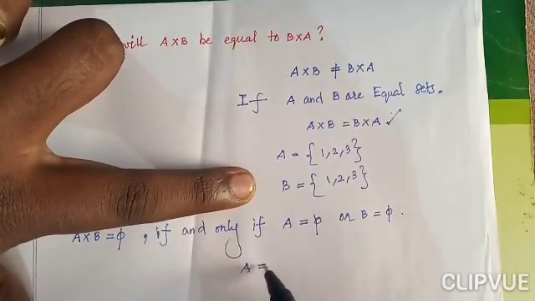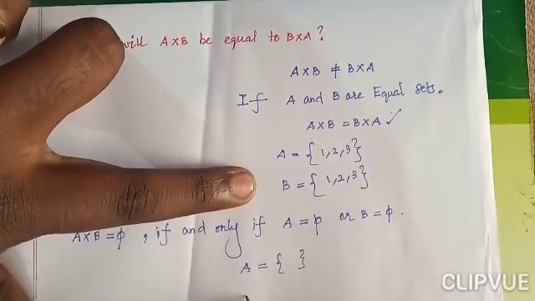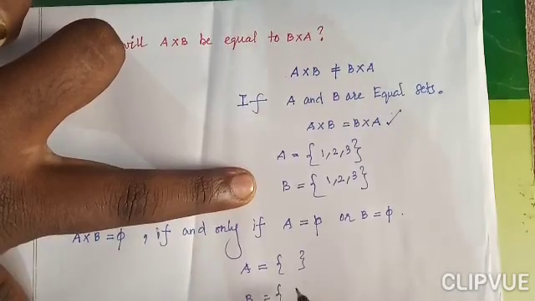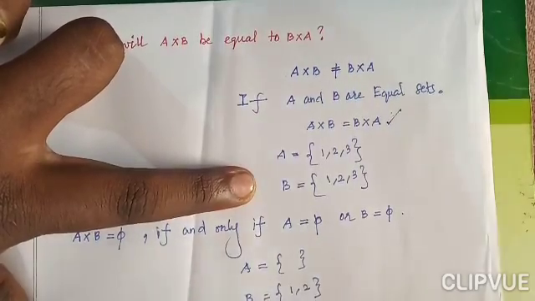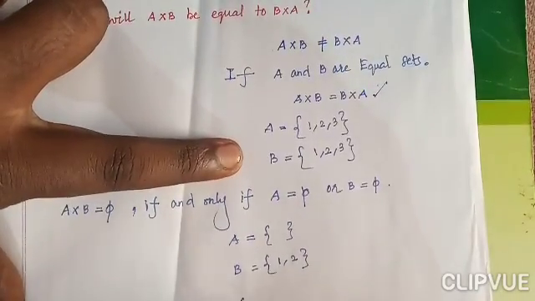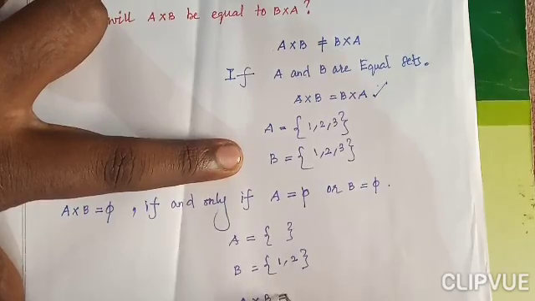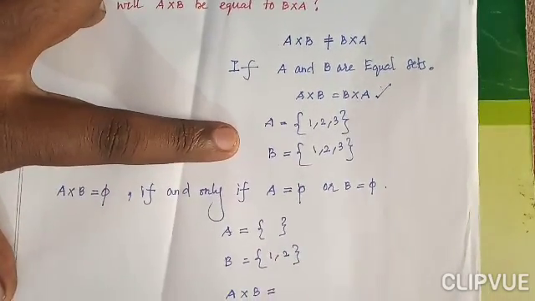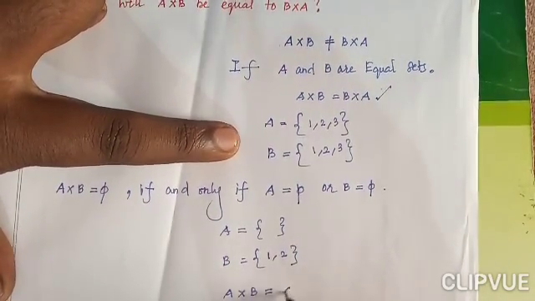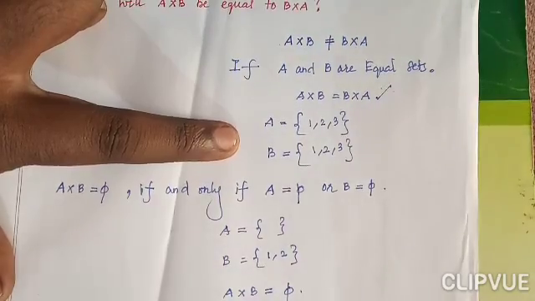if A equals the null set and B is equal to {1, 2}, there are 2 elements. Okay, so what about A cross B? There are no possible ordered pairs between A and B. So A cross B equals the empty set.